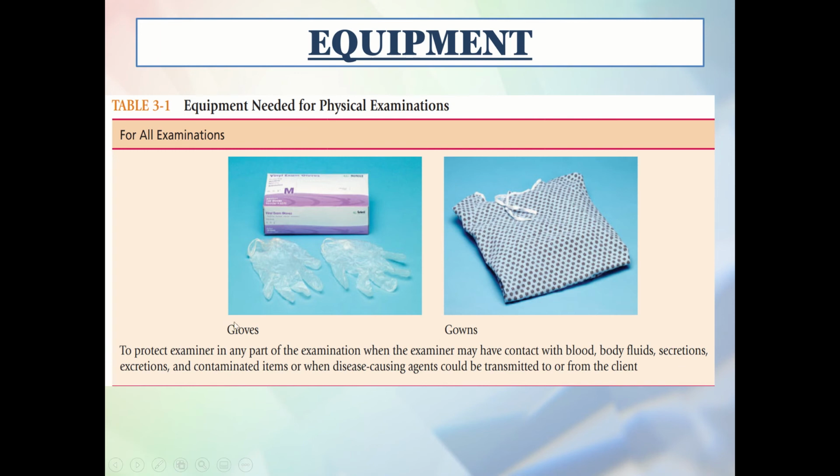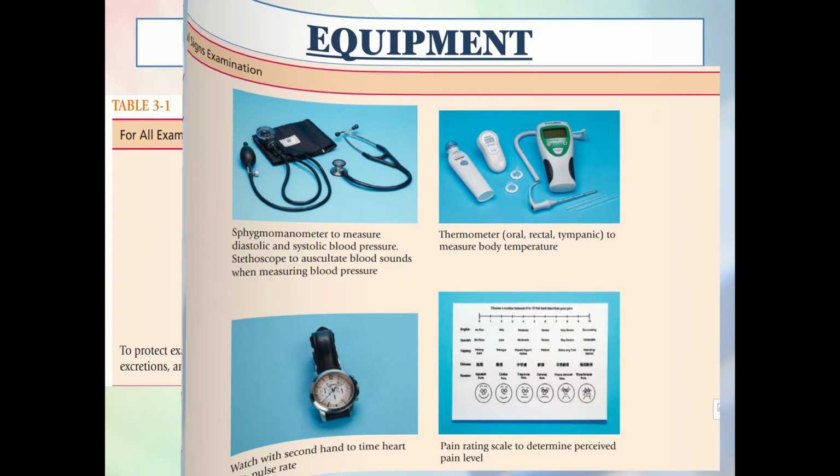So, gloves and gowns may be used for all examinations, because this will protect the examiner in any part of the exam when the examiner may have contact with blood, body fluids, excretions, and contaminated items. So, kapag tayo ay magkakaroon ng direct contact sa mga nabanggit ko na to, then we have to wear these protective equipments natin. Okay? So, gloves and gowns.